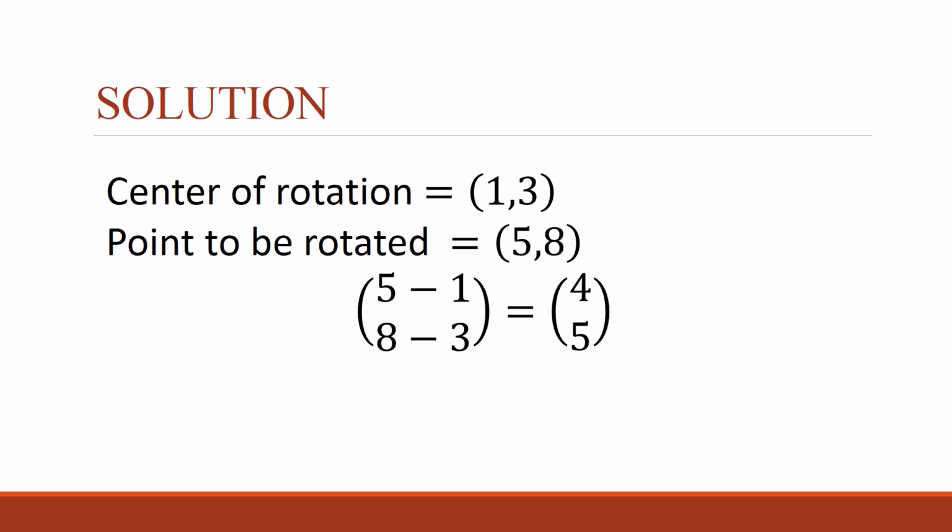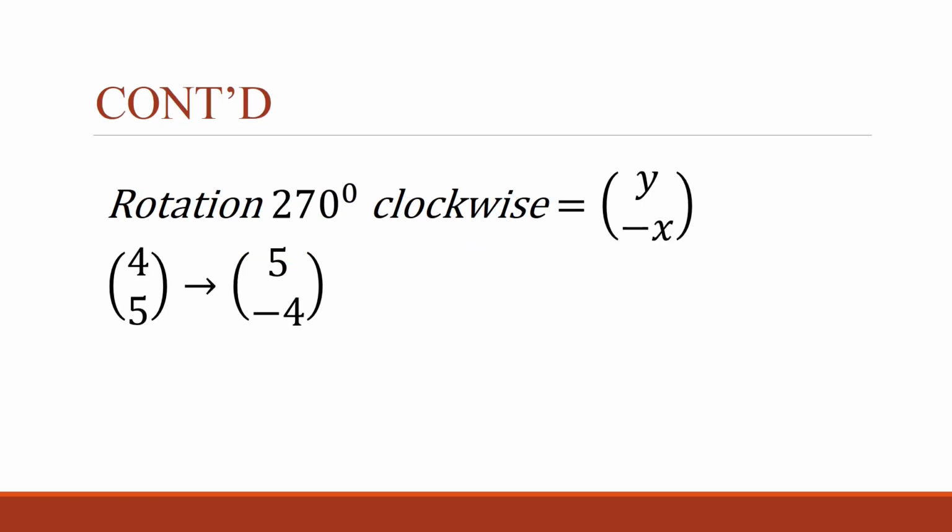In the first step, remember we said we subtract the center of rotation, which is (1, 3), from the point to be rotated, which is (5, 8). So when we subtract, we are going to have 5 minus 1, 8 minus 3, and that will produce the point (4, 5).